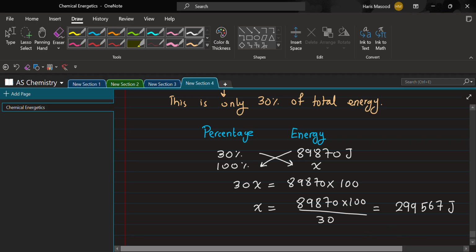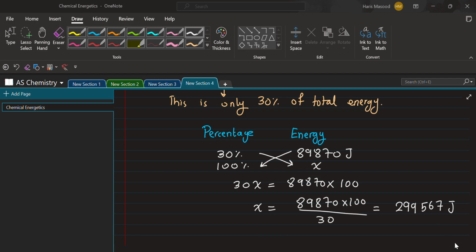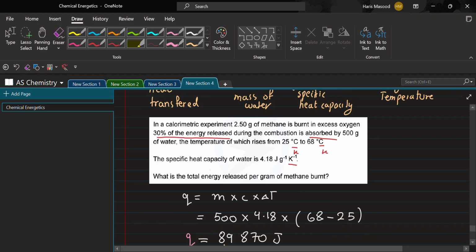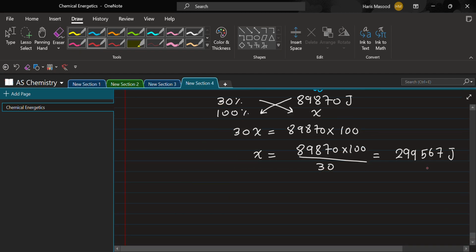But finally, what the question asked about is the total energy released per gram of methane, per gram, and how much gram you took, 2.5 gram of methane. So we're just going to divide by 2.5 per gram.